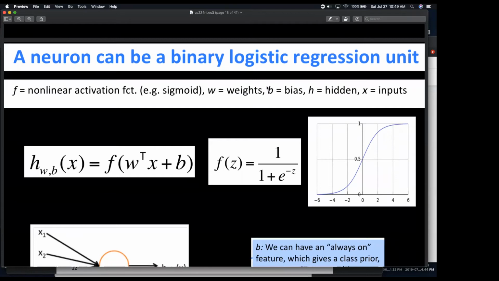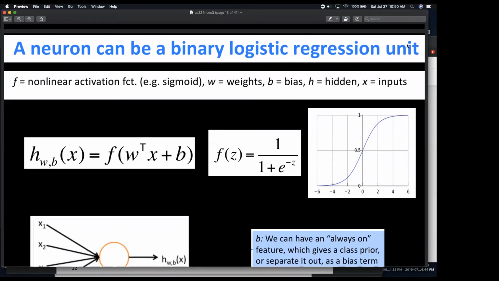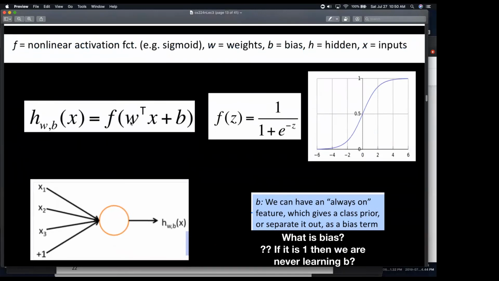Both of these put together are called parameters. H is the number of hidden layers, or hidden units or neurons, and X is your input. Now let's say you're given this X input. What you're doing is multiplying X by this weight matrix W, adding on this bias, and then applying this activation function to it.